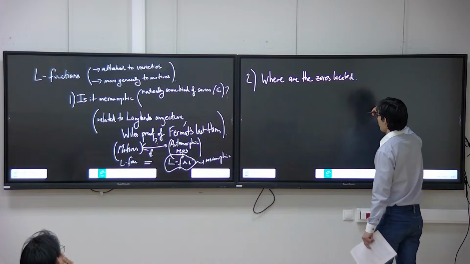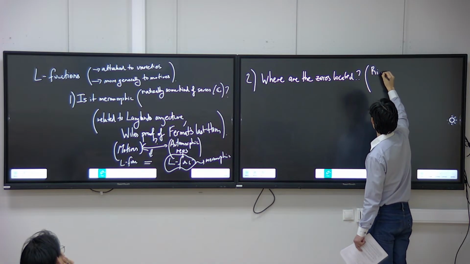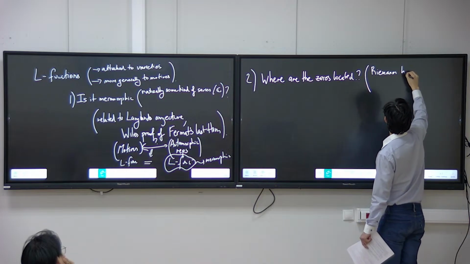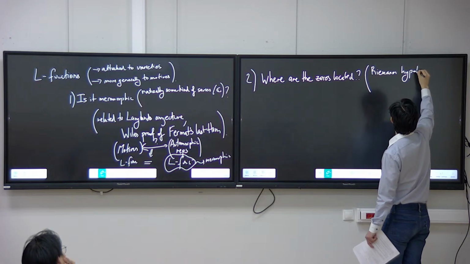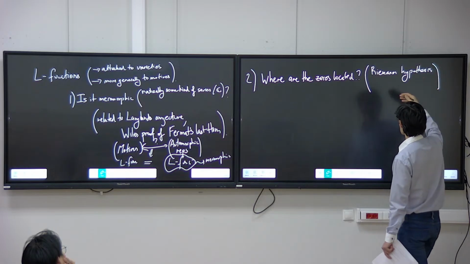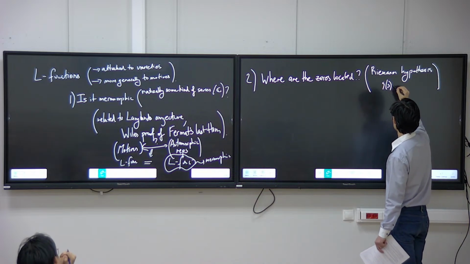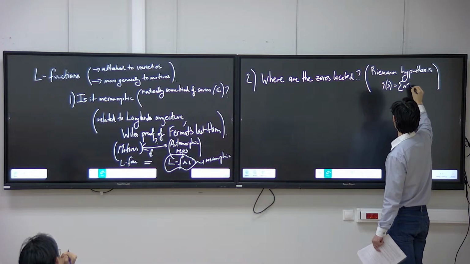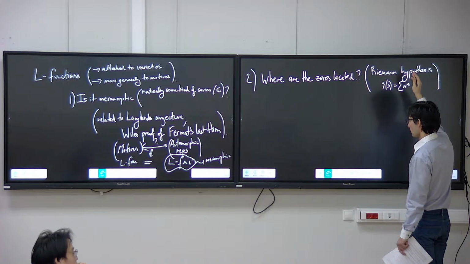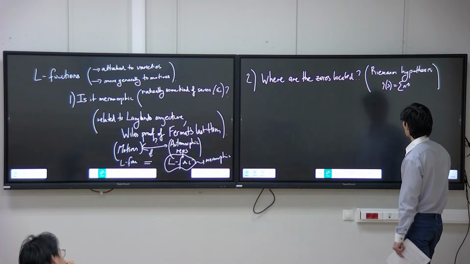One clear example is the Riemann hypothesis, which predicts that all zeros of the Riemann zeta function are located on the line with complex real part one half.